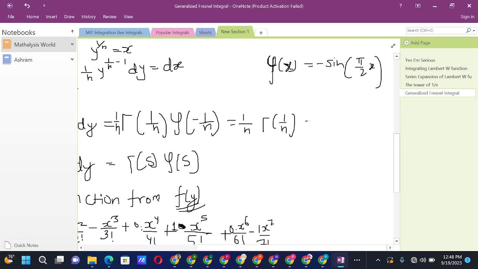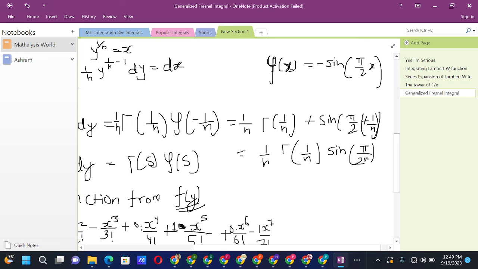So this will be minus sine of pi by 2, and our input x is minus 1 by n. This minus comes out and just cancels, this 2 will just cancel out. We have 1 by n, gamma of 1 by n, and sine of pi by 2n.